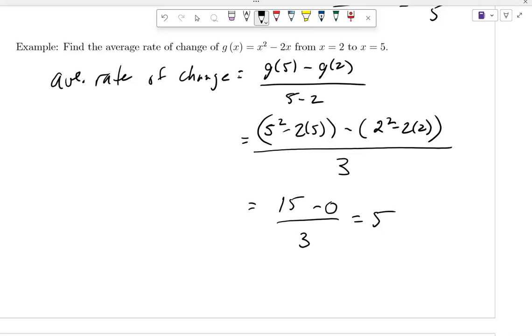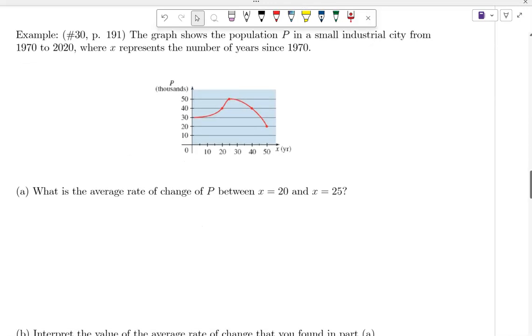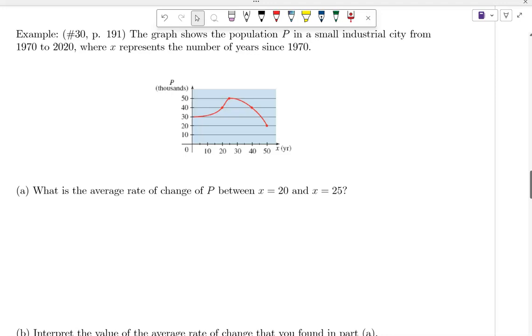All right. So the first example we did with a table. The next couple of examples we did with function notation. Another typical way to describe a function is with a graph. So here's one that has a graph. Another population idea. They give you the population in thousands in a city from 1970 to 2020.